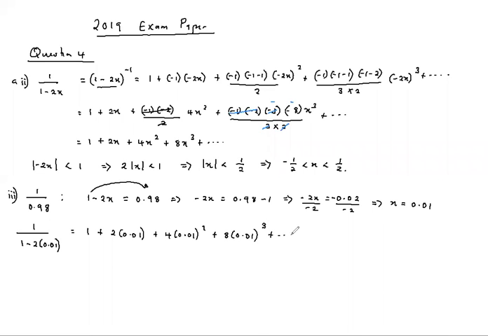And then if you want to convince yourself that it is indeed 1 over 0.98, you can subtract, because this will be 1 over 1 minus 0.02. Okay, and so you have 1 plus 0.02 plus 4 times 0.0001.